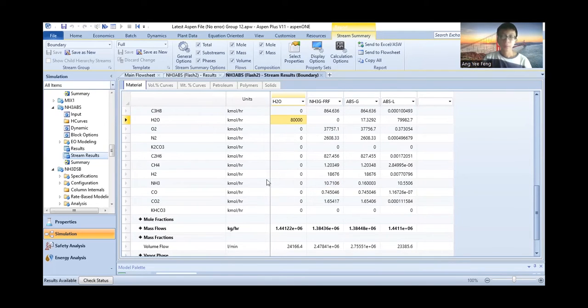The outlet has a gas stream and also a liquid stream. In the absorber, the water washes the remaining ammonia contained in the mixed gas. We successfully get 10.5806 of NH3 extracted from a total of 10.7106, and the remaining 0.16003 stays in the gas phase.